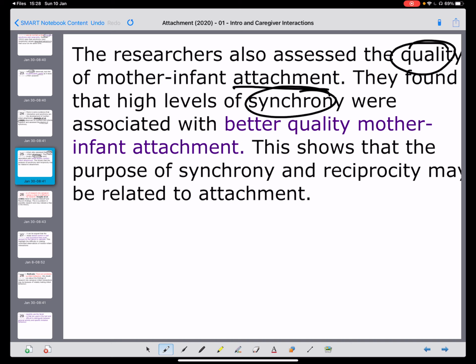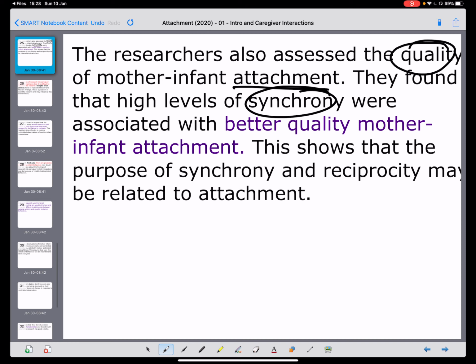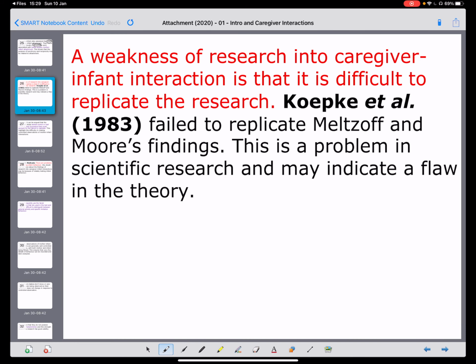And so please remember that Isabella research there. Looking specifically at the Meltzoff and Moore research, there is a concern, a weakness, of course, that we can't replicate the research. So Koepke tried to replicate it, and unfortunately, they were unable to do this.